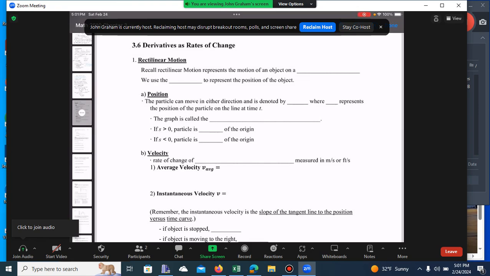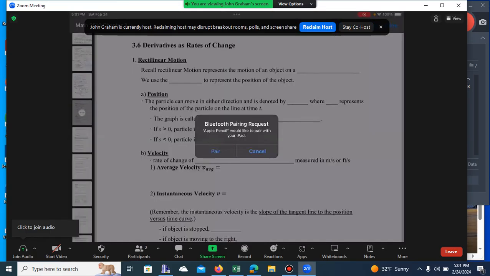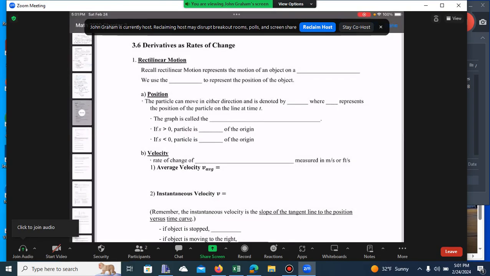For example, we may look at pay rate, and it's how your pay changes over time. It's a rate of change.